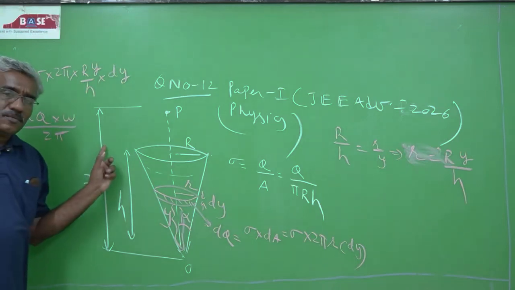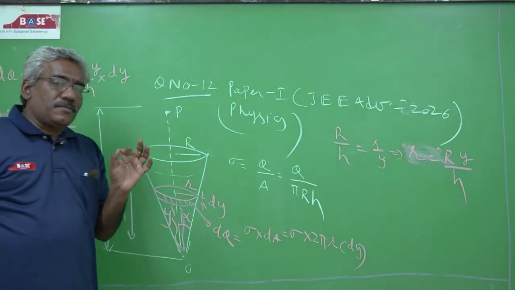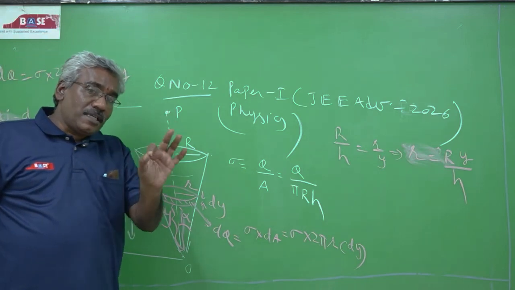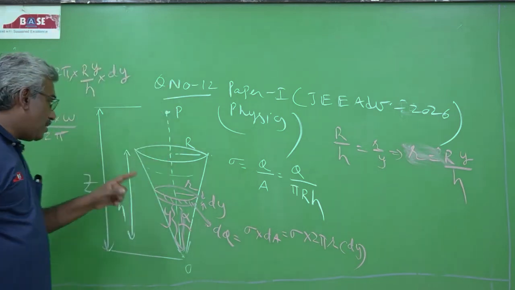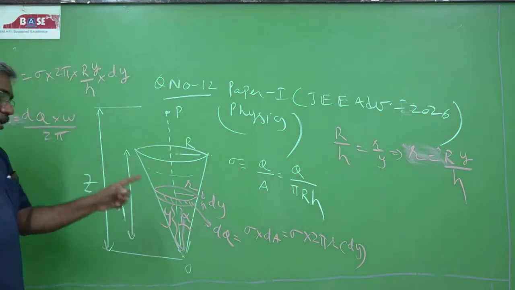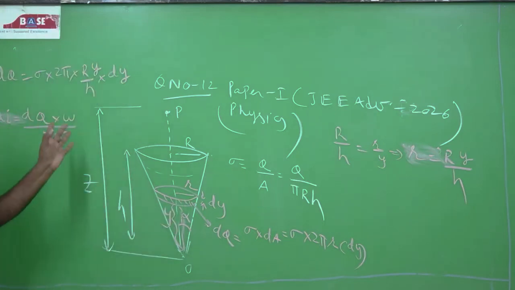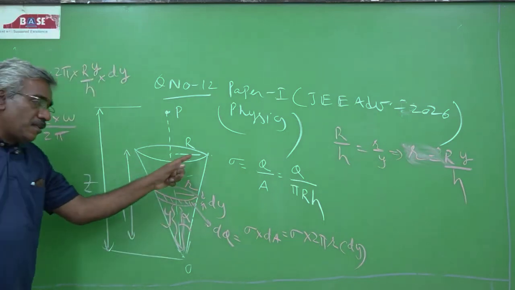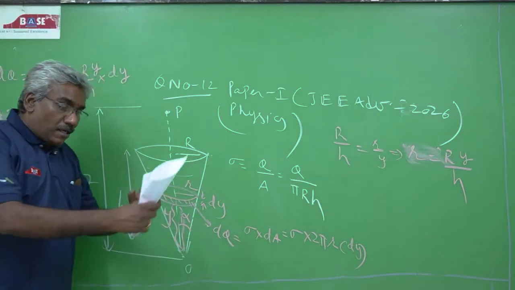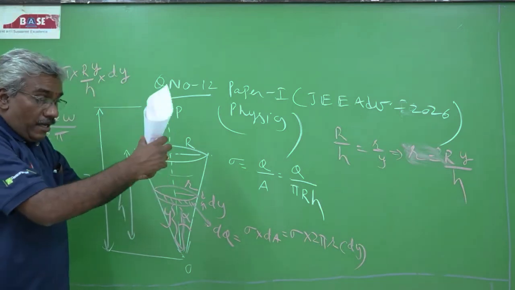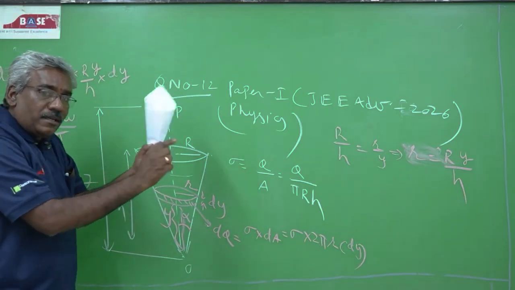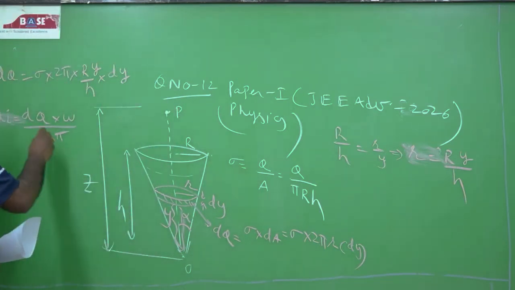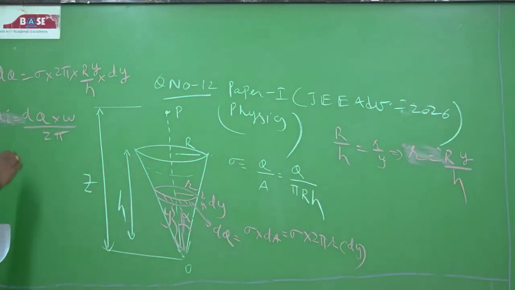This is the basic formula: current is produced due to circular motion of charge, as well as translatory motion. In place of q, on the ring, the distributed charge is not Q, it is dq. Q is the distributed charge on the whole surface, and I am considering a small elementary ring here. So dq you have to substitute here.